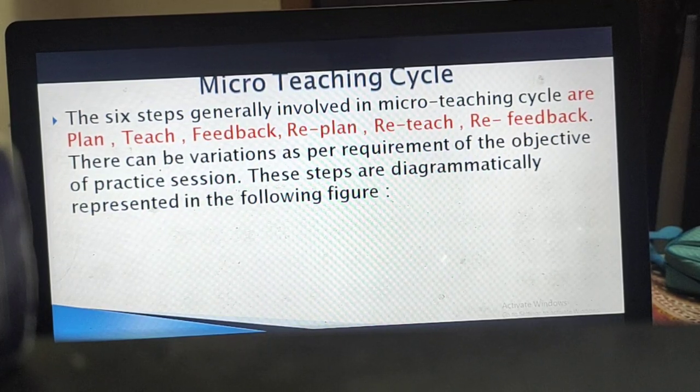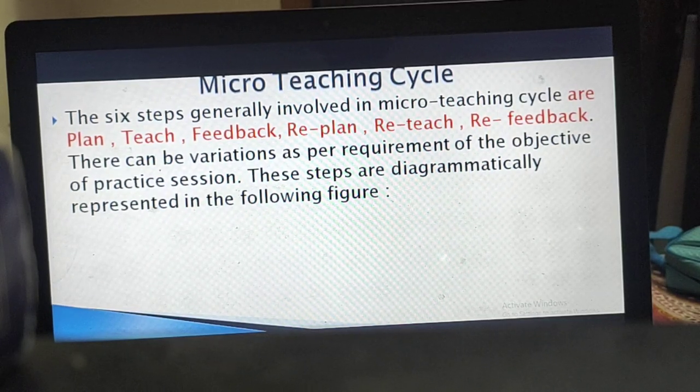After getting the supervisor's feedback, the teacher rectifies his lessons and teaching skill, then replans and practices once again. That is called reteach. Again, the supervisor gives him re-feedback.